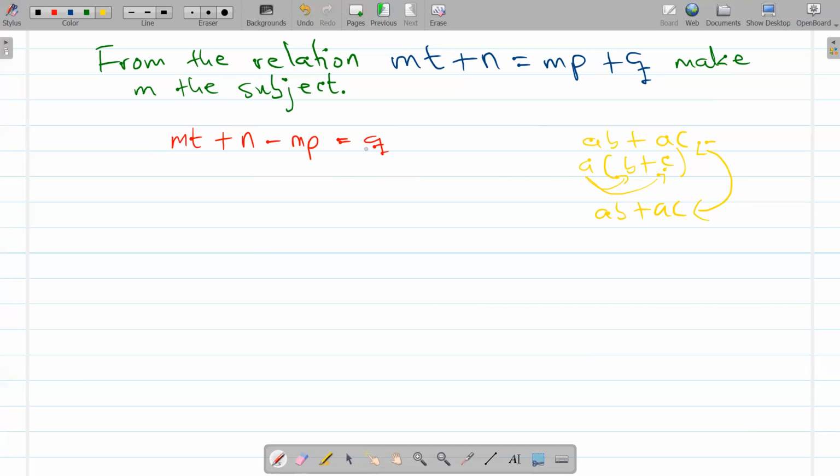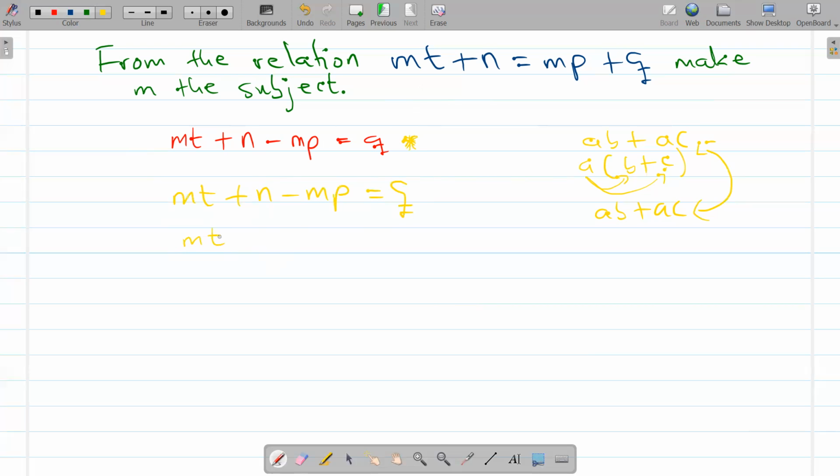So we forget about this step. It will be MT plus N minus MP. This is what you did initially, right? But we don't need this N. So this N would have to also move, to go with the Q.